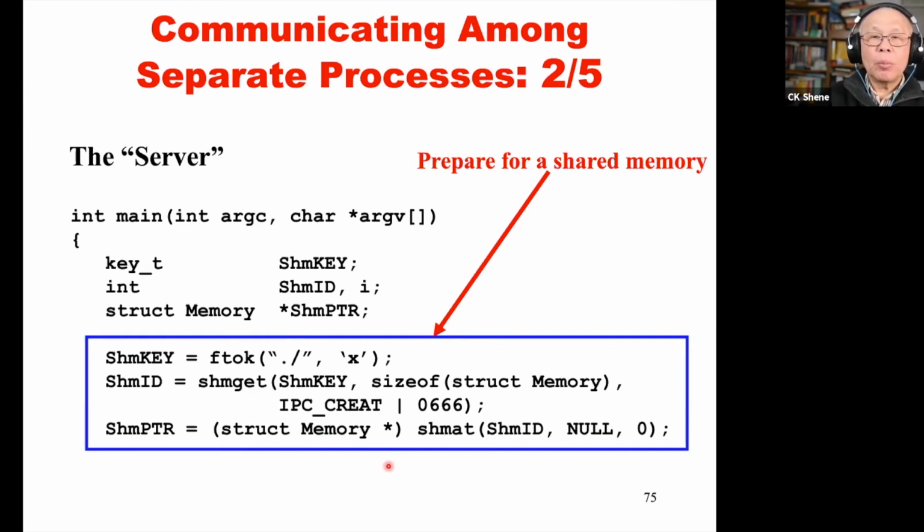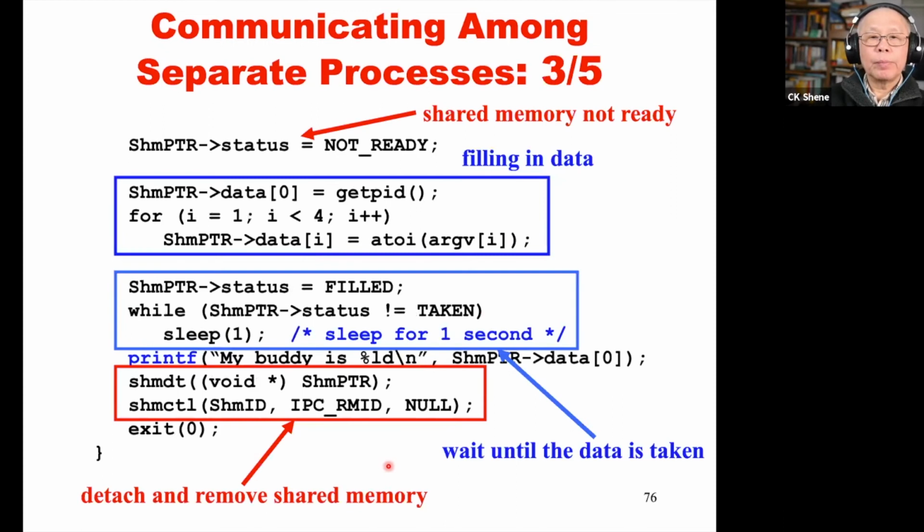So the next part is the core of this program. First of all, we set the status to not ready, indicating I just got shared memory, which has not been initialized. So the status currently is not ready. Then I get my PID and save it to data 0.